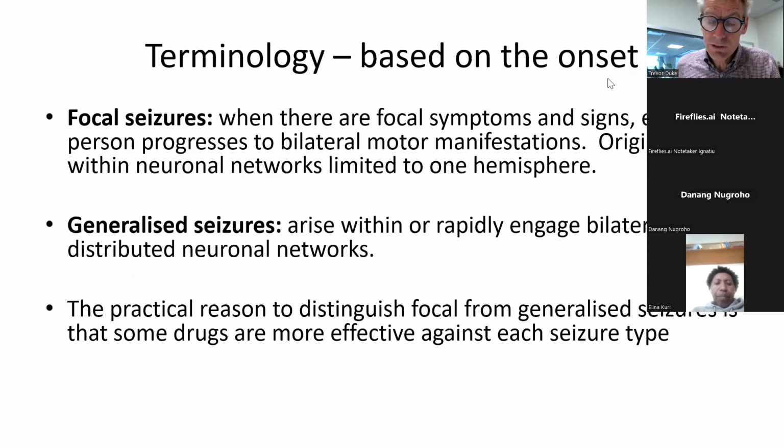If a seizure starts with just a focal motor movement, say of one arm or one leg, or a twitching of the face, then that's considered a focal seizure, even if it then becomes generalized. The reason to make that distinction between focal onset and generalized onset epilepsy is that some medications work better in focal seizures and some work better in generalized seizures. That's the main reason to make that distinction.